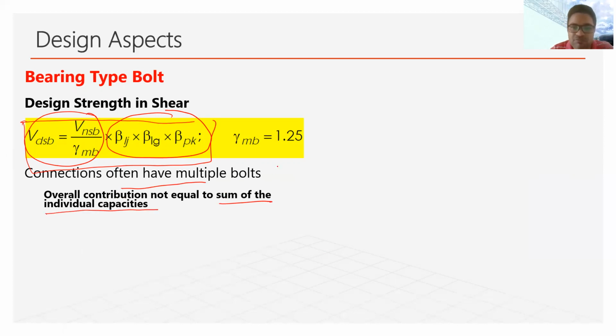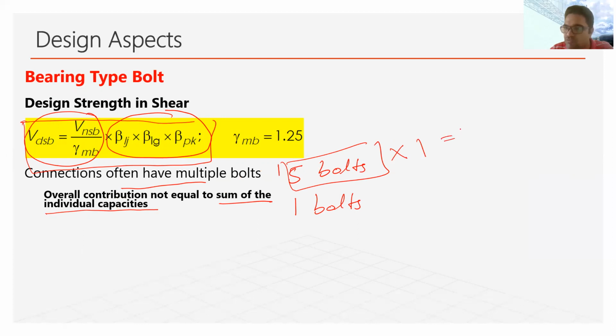So if we are using 5 bolts in a joint, and we calculate the strength of 1 bolt, and then calculate the strength of 5 bolts by multiplying by the strength of 1 bolt, then it will not work. It will not work in case we are using multiple bolts.